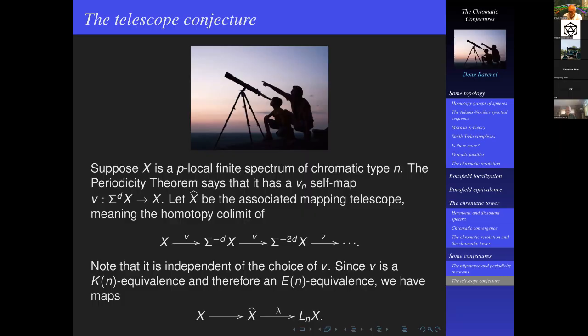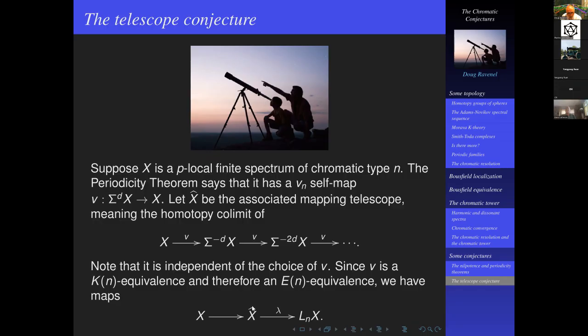On the other hand, this mapping telescope is more closely related to the homotopy groups of spheres, because in some sense, the mapping telescope is going to see all of the v_n periodic homotopy of X. This L_n X might see only some of it, but X hat will see all of it.